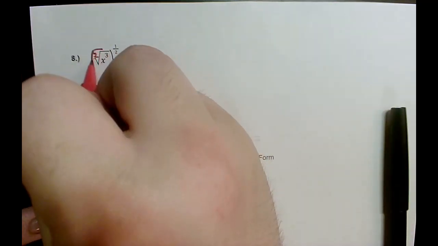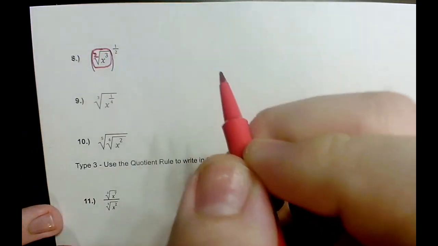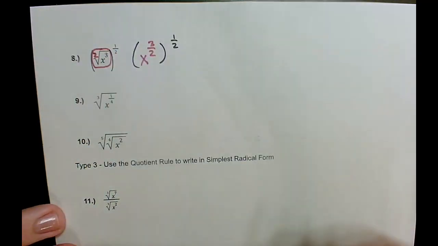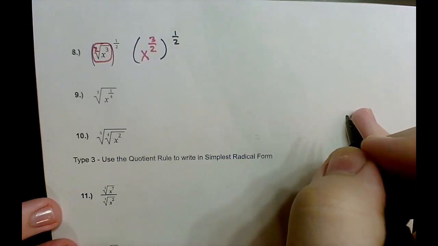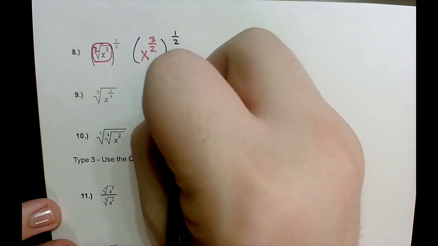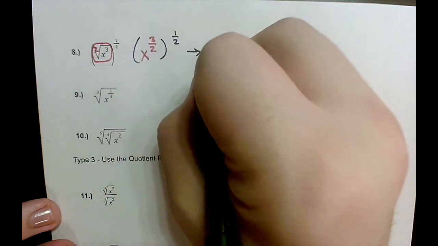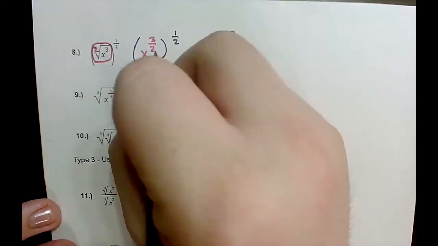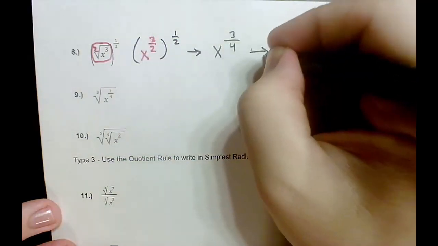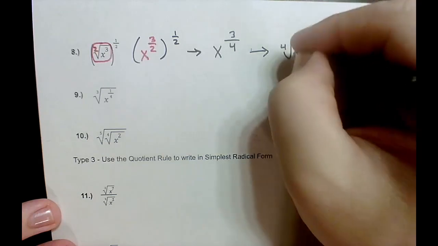I need to turn this into a fraction exponent, and that would be x to the 3 over 2 power, and then raise that to the 1/2 power like it already was. Okay? So at this point, I can go ahead and say 3 times 1 is 3. 2 times 2 is 4. That fraction does not reduce. So call that the 4th root of x cubed.